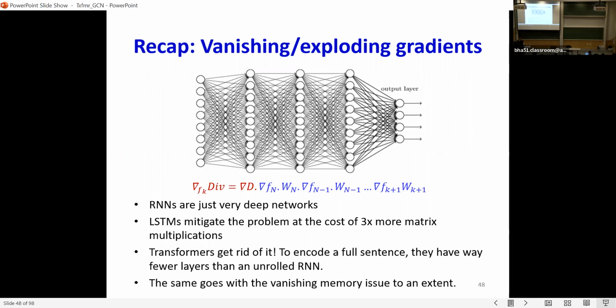The number of layers is proportional to the sequence length, and because of that, you have vanishing gradient problems, sometimes exploding gradient problems, vanishing memory, etc. With the transformer, you do not, because the depth is only dependent on the number of layers that you pack, and that makes learning a lot easier and enables you to scale transformers much more easily than you could scale LSTMs. Recently, there's a paper that does 1,000 layers of transformer. I don't think you've ever seen 1,000 layers of LSTMs.